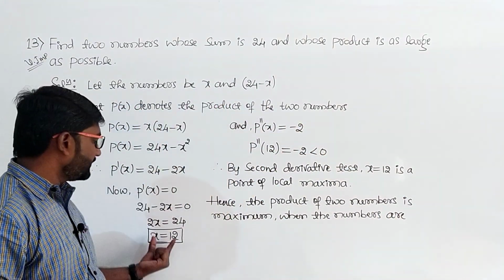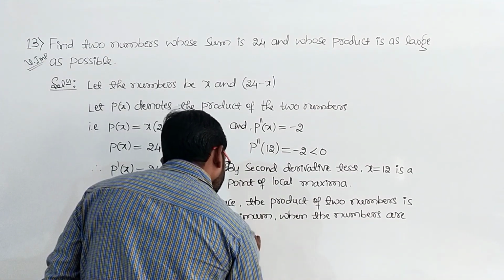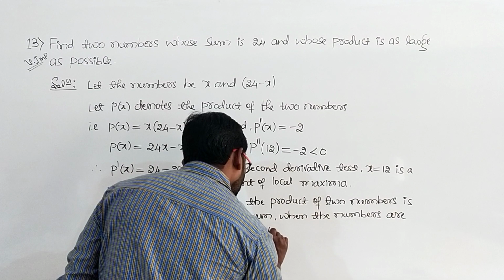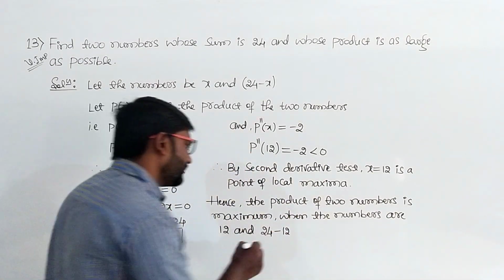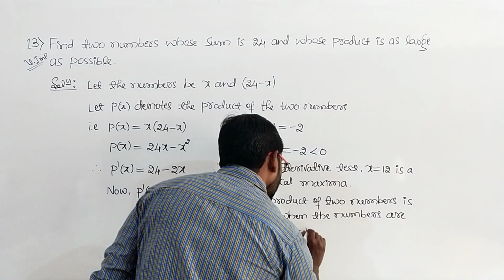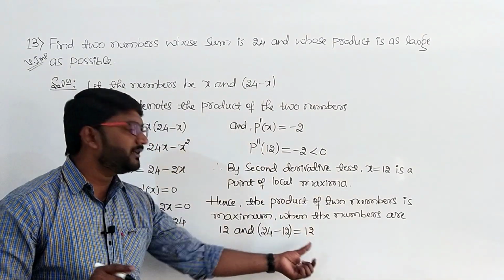X is nothing but 12 here, and the numbers are 12 and 24 minus 12, which is nothing but 12. So overall the two numbers are 12 and 12.